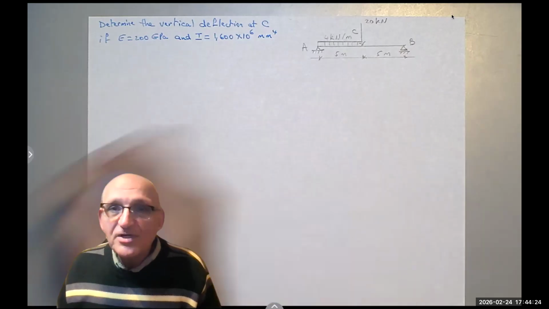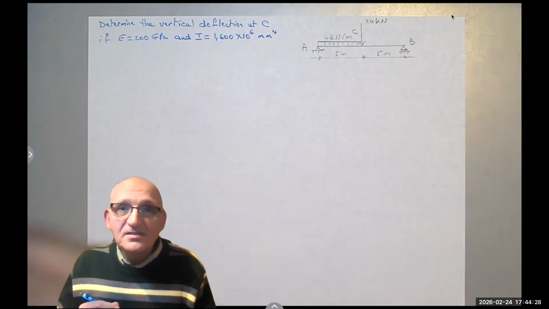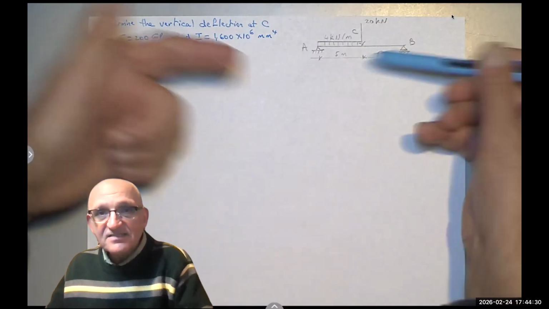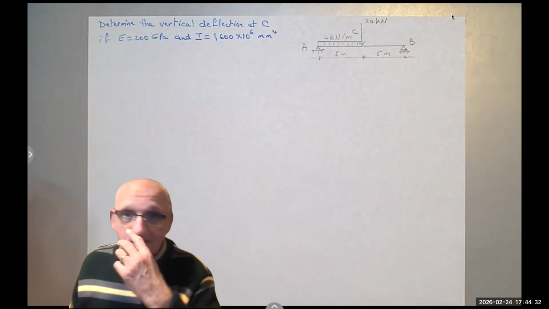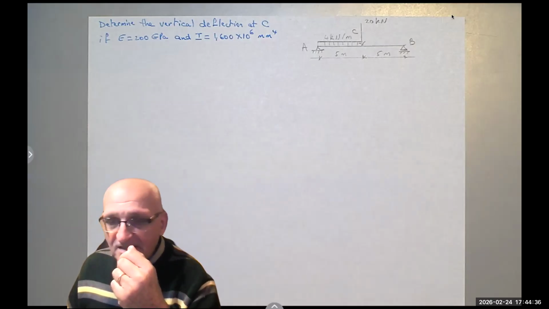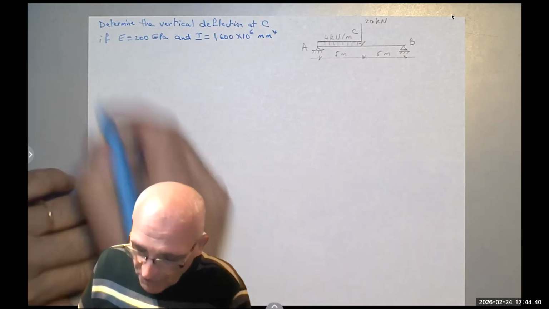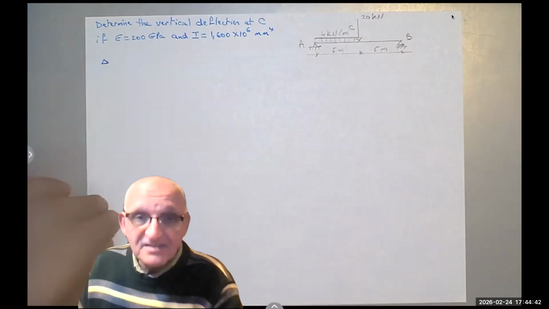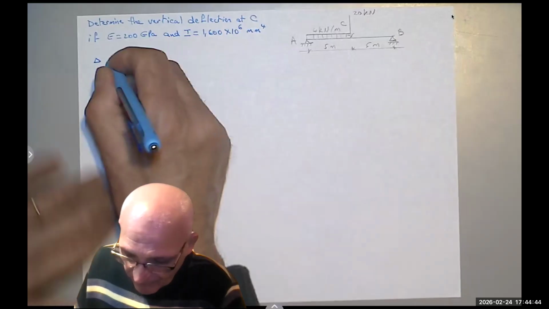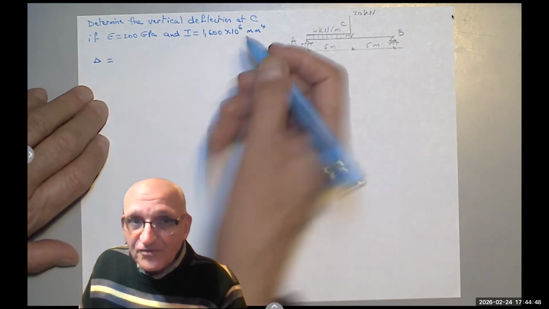In cases where the loads are not along the axis of the beam, meaning we have moments, we have moments and shears, but the shear usually is negligible. So the equation that we will be using to find delta, the deflection at a point: remember that we said FL over EA.